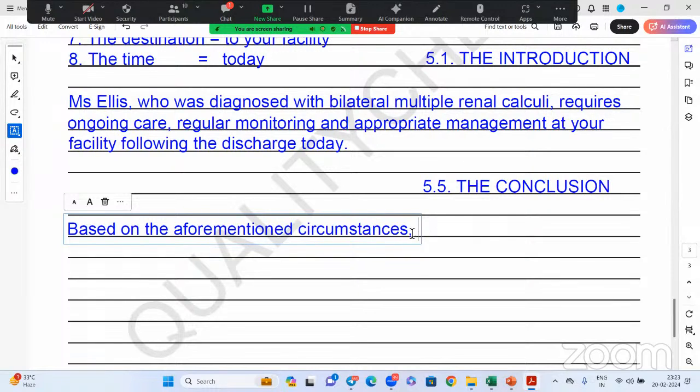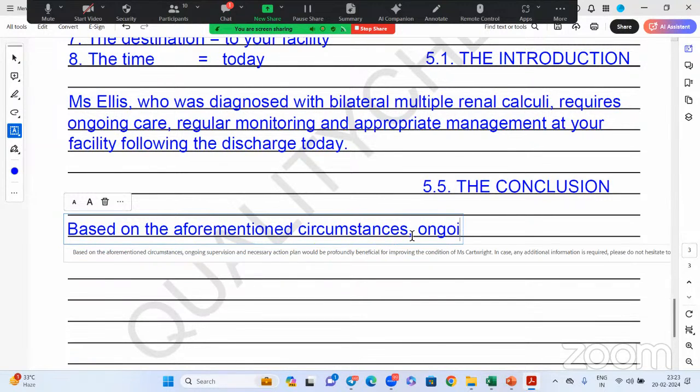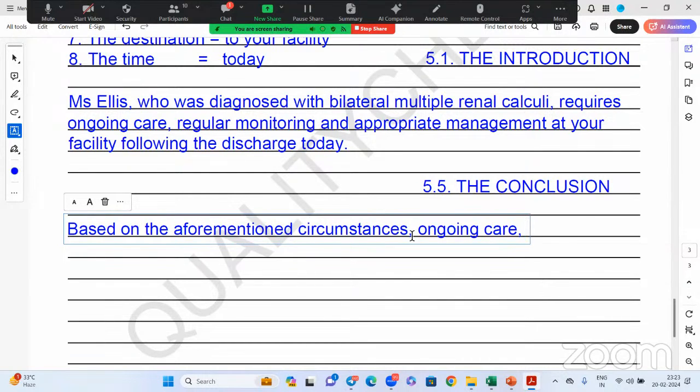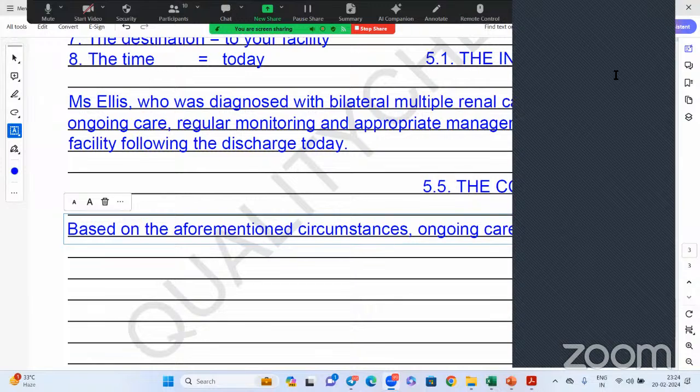So we can say continuous supervision or ongoing care, comma, then ongoing care, then you can say. Dr. Rani, very good. One by one writing. Only 3 students have written.